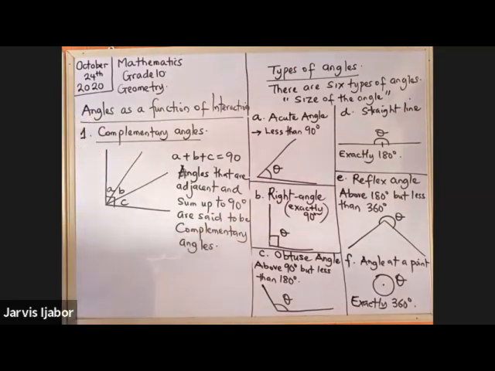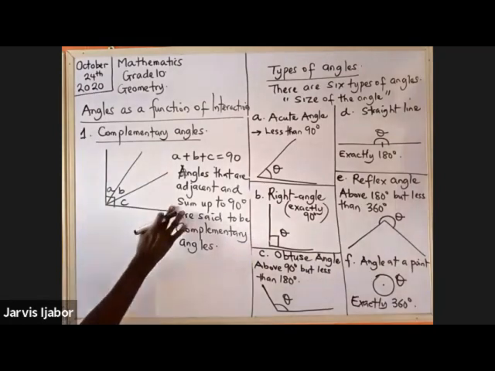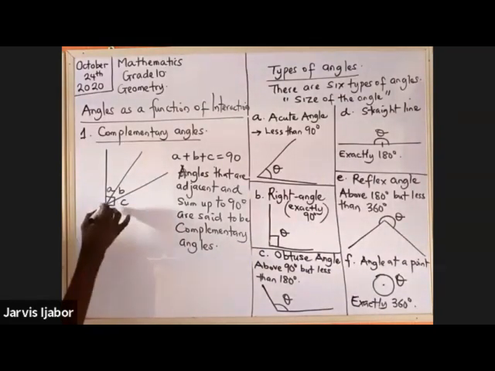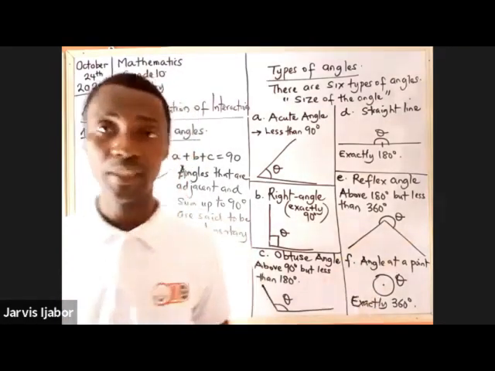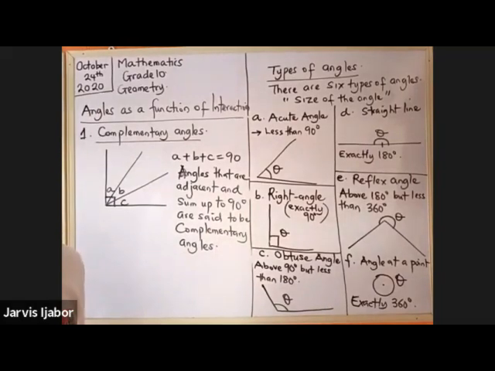I'm just giving us a clear description of the diagram there. Let's do this very well. So that is 90 degrees. So A plus B plus C will give us 90 degrees. You can have a situation where it's just A plus B only, but this is just another example of that, okay?